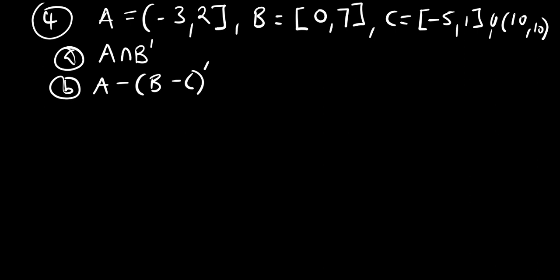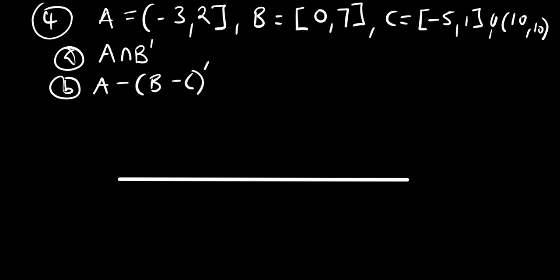So okay, this is now interesting. How do we solve such a question? Allow me to draw the number line. Let's say this is our number line, and let's put these figures one by one.